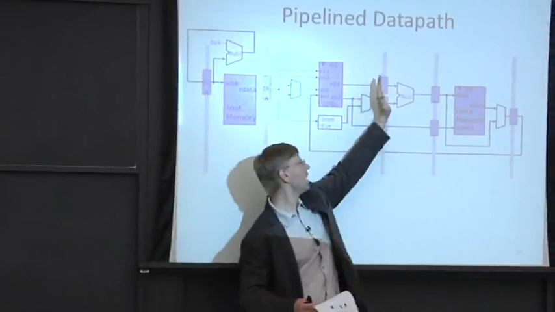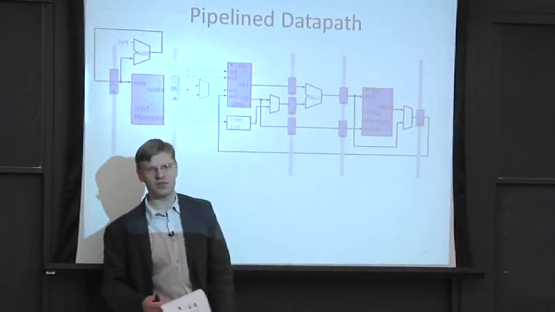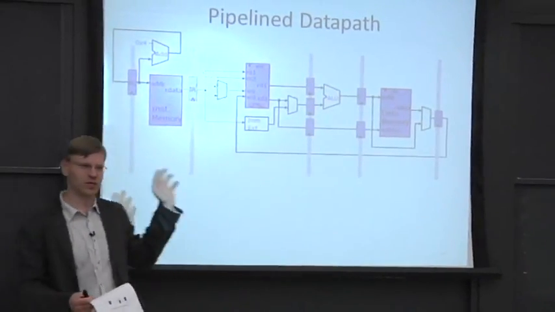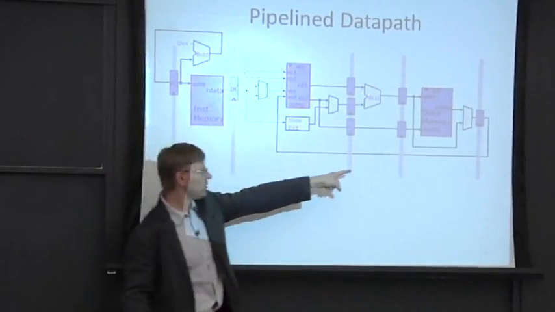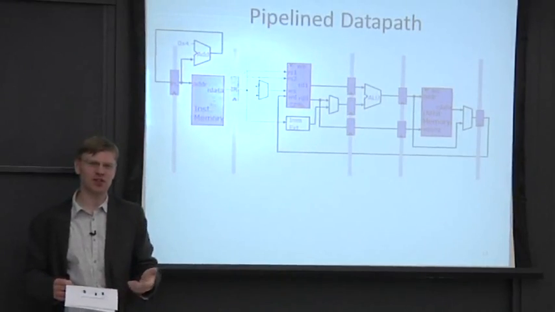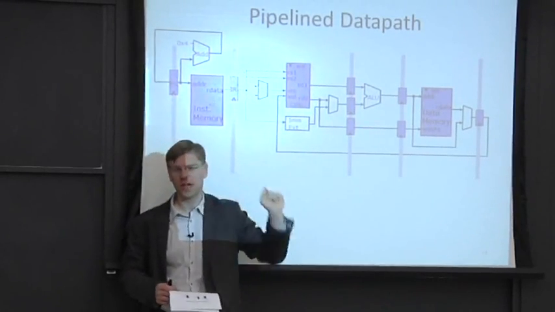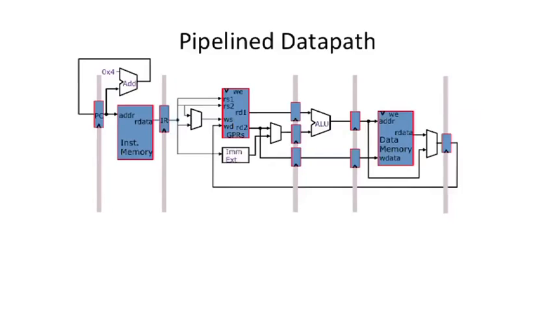So if we were to cut here, we need to put a register here, here, and here, because there are 3 sets of wires running from left to right. This feedback path here doesn't need a pipeline register because it's flowing back, and it's effectively running back into the register file here, combinationally. And the register file can either be clocked or unclocked, depending on how you actually do this design.